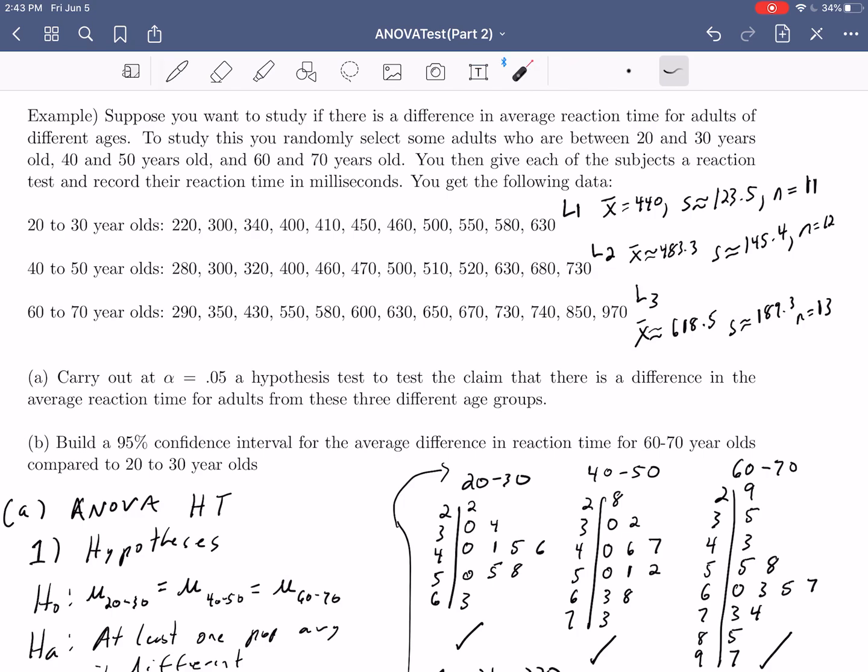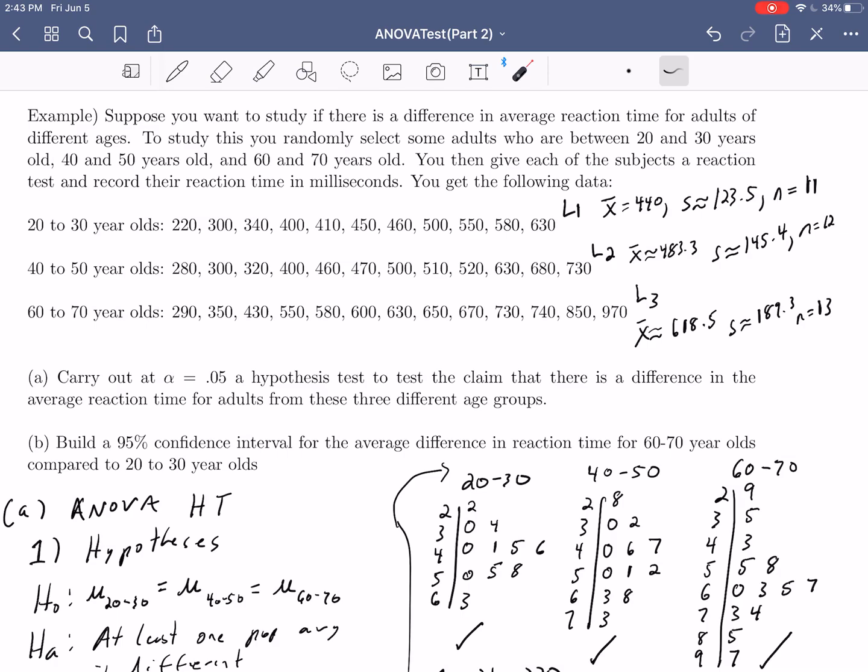So we've got all of our mean, standard deviation, and sample size for each of these. Again, for condition 4, you just need these sample standard deviations, but it doesn't hurt to write down everything so you don't have to go back and redo the one var stats later. Do keep in mind you're also going to need to put the data into L1, L2, and L3 anyway to run the ANOVA test, so it's good to just do everything here at once.